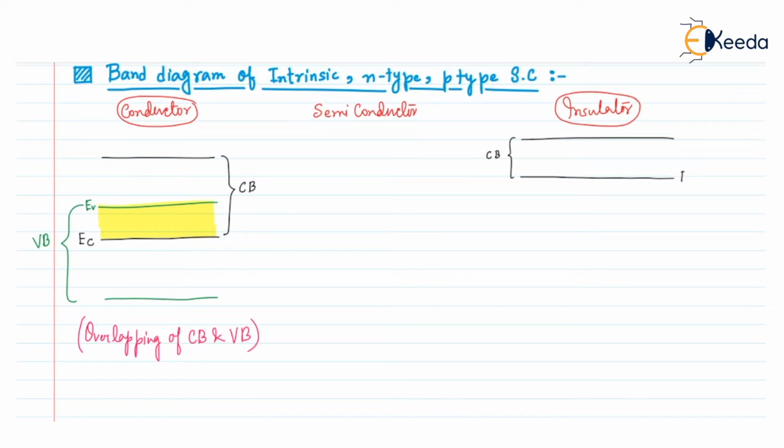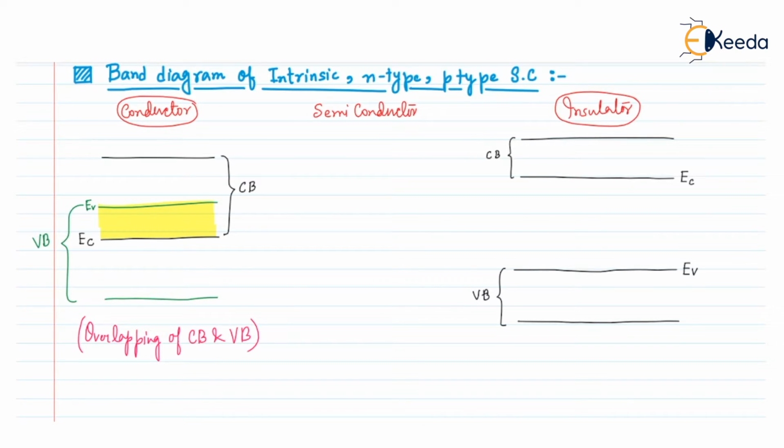The minimum energy of the conduction band will be EC, and there will be a valence band. Suppose this is the valence band, and this is the maximum energy of the valence band, EV.